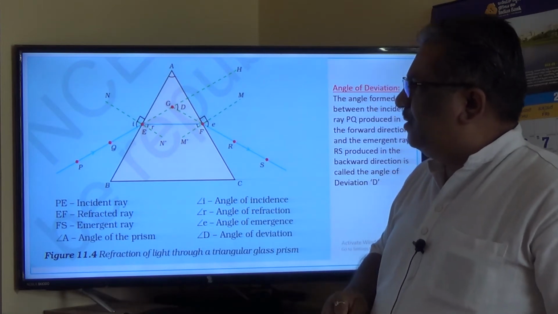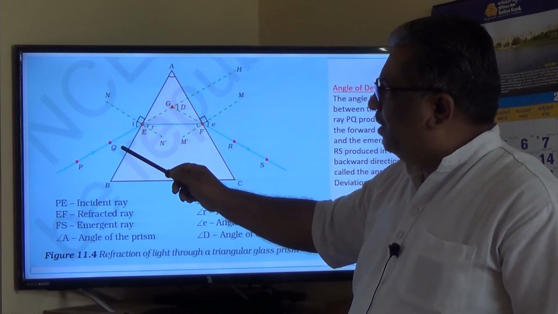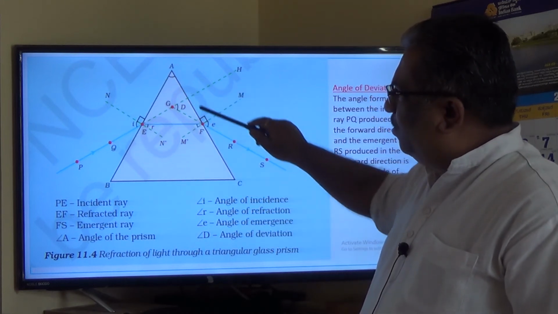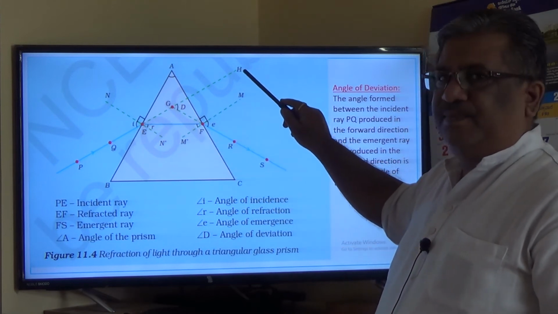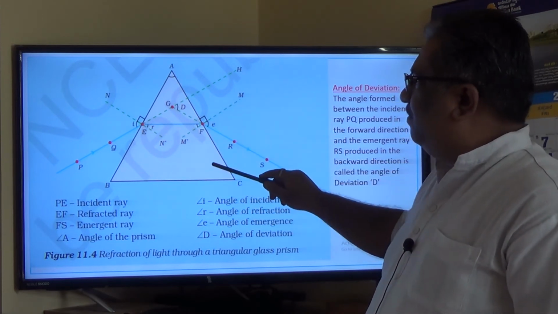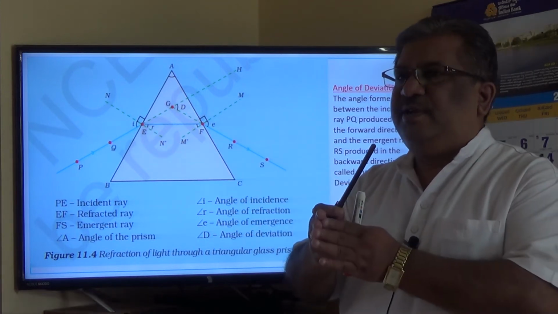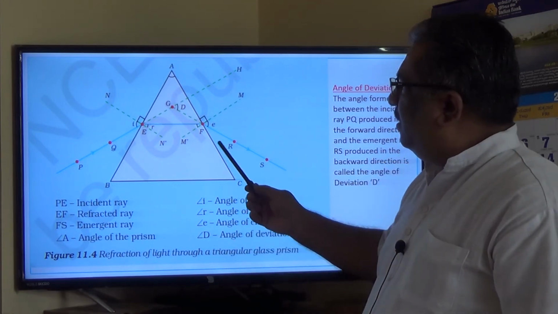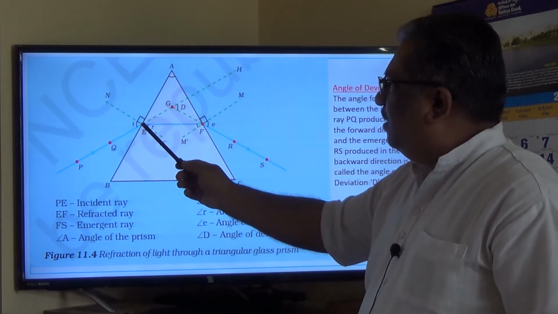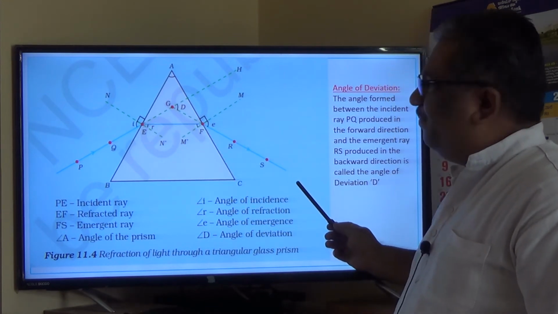Now one more thing is this incident ray PQ. If there is no glass prism, it will pass straight like this. Because of the glass prism, this incident ray has changed its direction of propagation. Finally, the incident ray passed through the prism like this, and finally emerged like this.